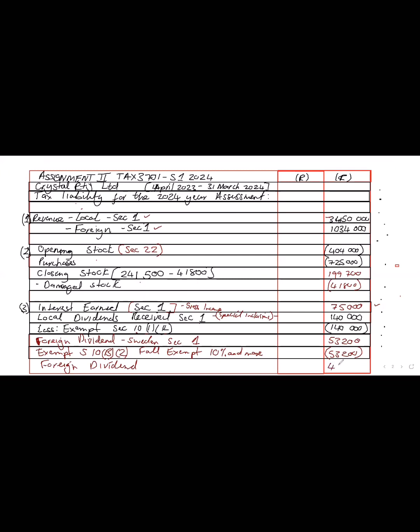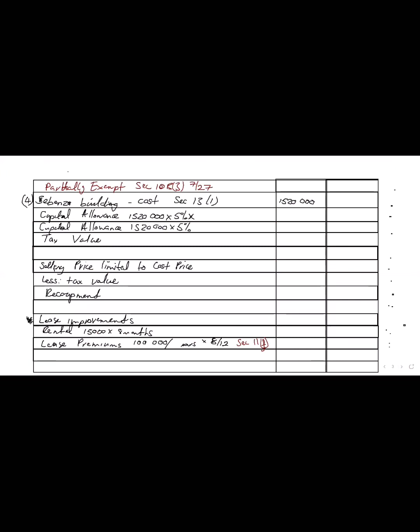Include that, which is for how much? It's 44,100. So we include according to section 1. Section 1 would include all income. Then it is partially exempt.